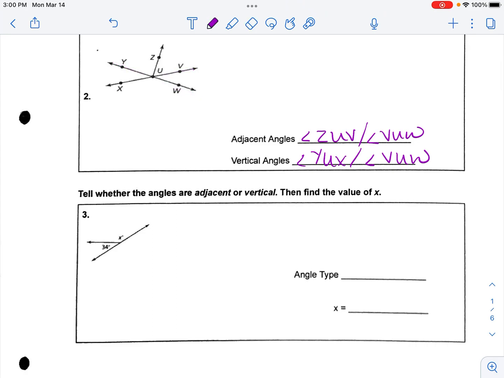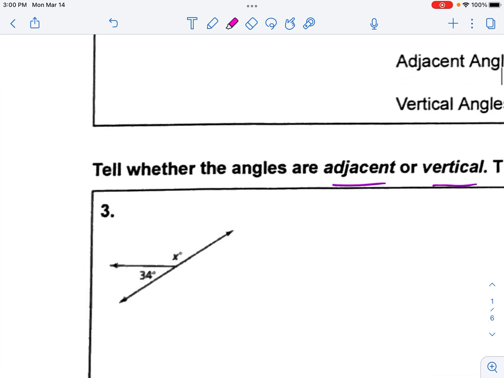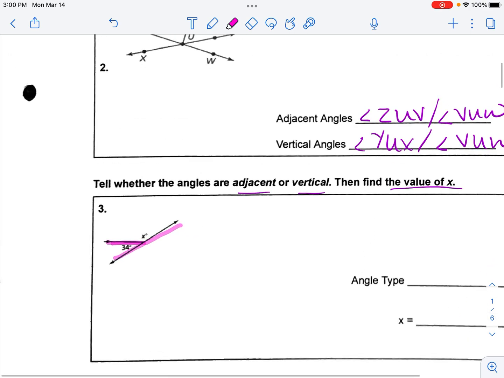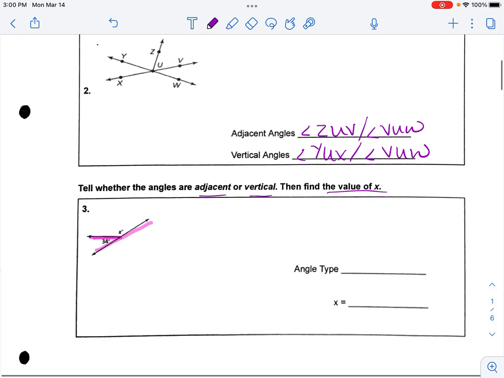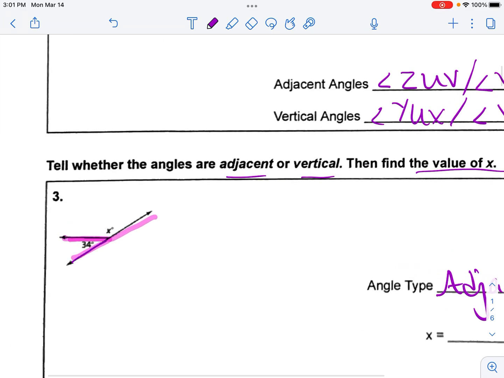On the next section, tell whether the angles are adjacent or vertical. Then find the value of x, and you will have to show all your work. Okay, so this angle and this angle, they share a common side, which means that they are adjacent angles. We also know the two angles form a straight line, and a straight line is 180 degrees.